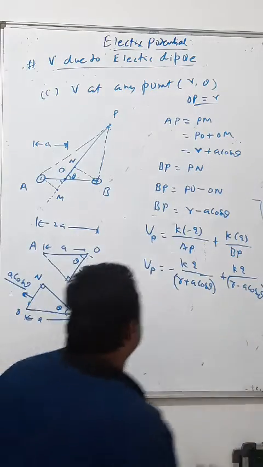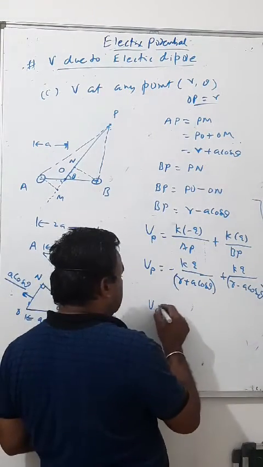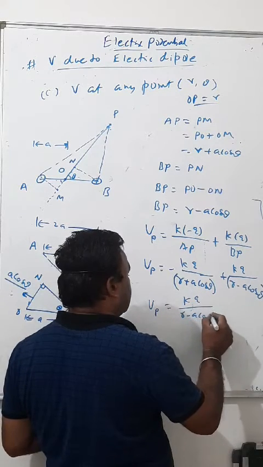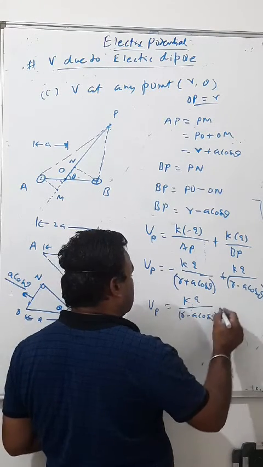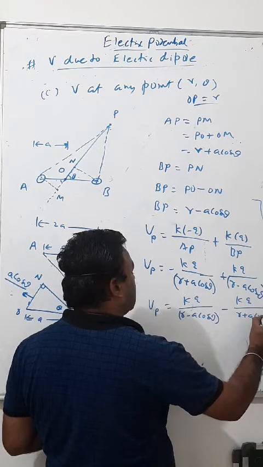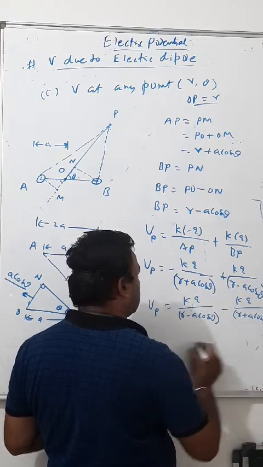I write positive sign first, then VP is KQ by R minus A cos theta minus KQ by R plus A cos theta.